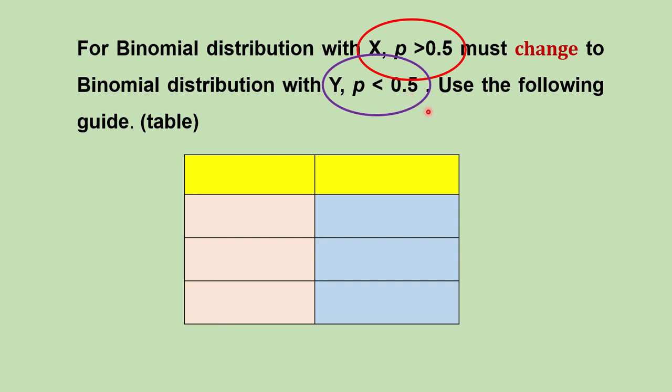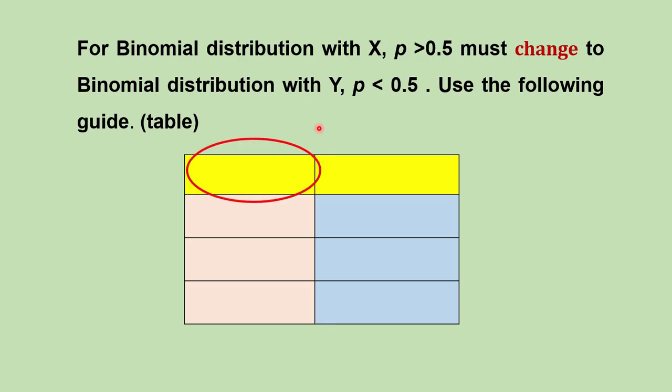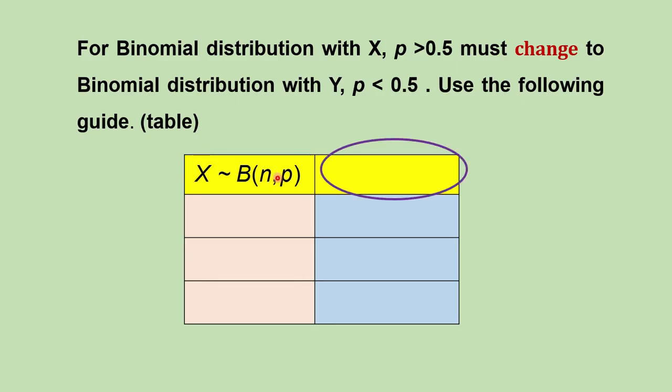Okay, so the following table will help you to understand. When x is a binomial distribution with the parameters n and p, when you change to y as a binomial distribution, n is still the same, but p you need to change to q. Okay, q is 1 minus p.